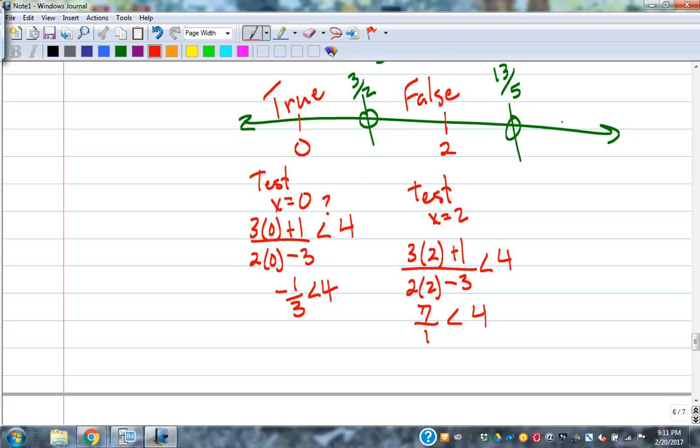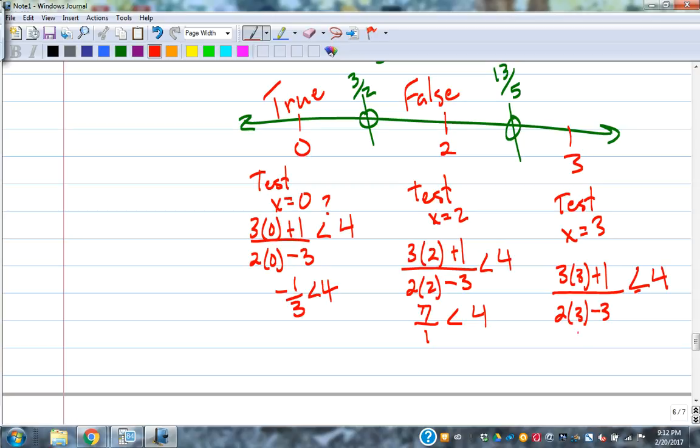And then we need to pick a number over here on this side to see if it might be true or false. Okay, so I'm going to pick a test point there that's bigger than 2 3/5. 3 is a good number. Test x equals 3. 3 times 3 plus 1 over 2 times 3 minus 3. Is it less than 4?